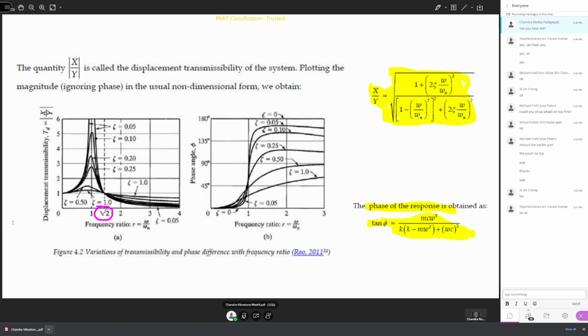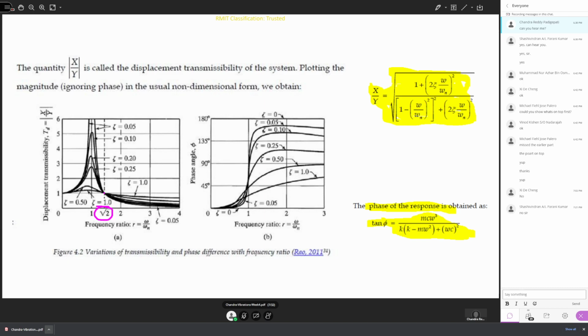Whatever the damping ratio eta may be, even if you are increasing the damping ratio, when r is equal to the square root of 2, increasing the damping ratio is not having any effect on the transmissibility. The transmissibility remains 1 irrespective of the damping constants.